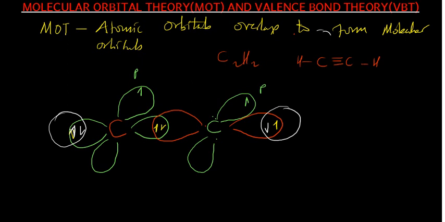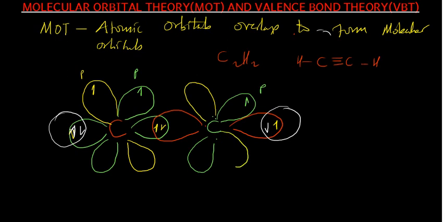And then we have the other one which is also not hybridized. Let me show it here. This also has one electron. It is also a p orbital which was not hybridized. And then we have another one there which is also not hybridized.